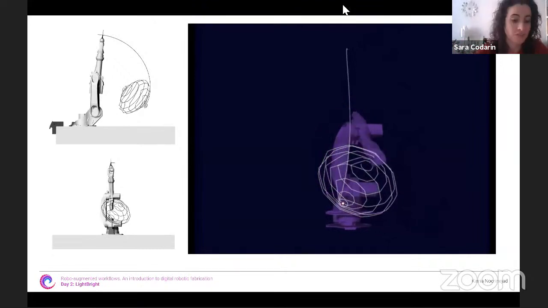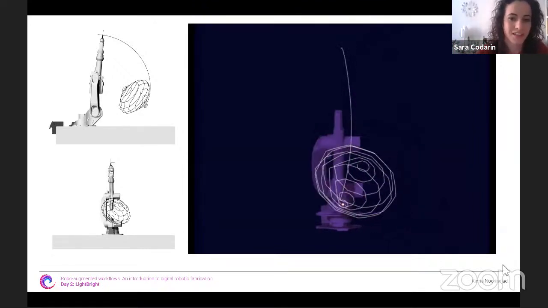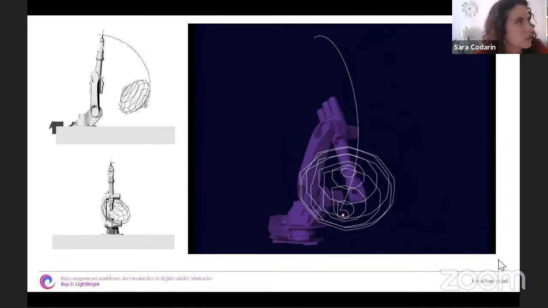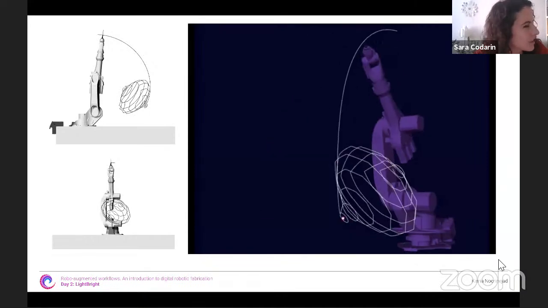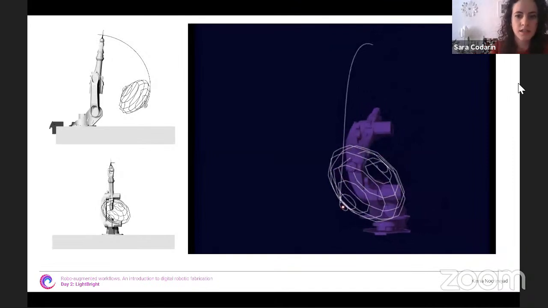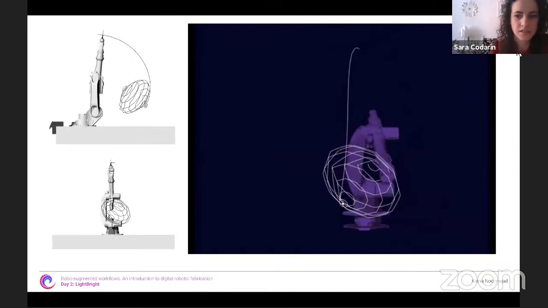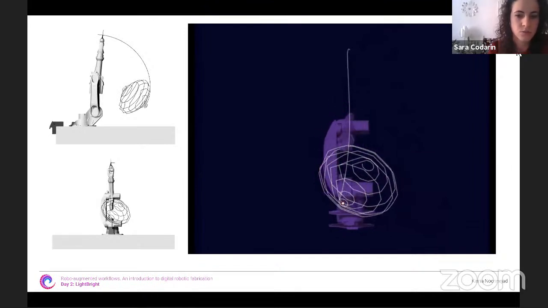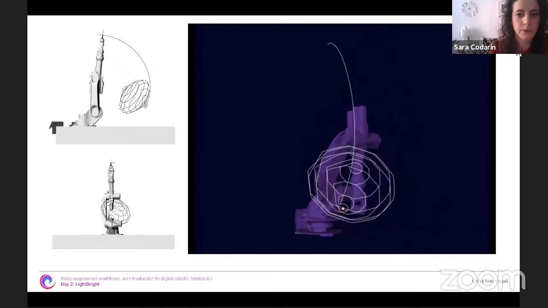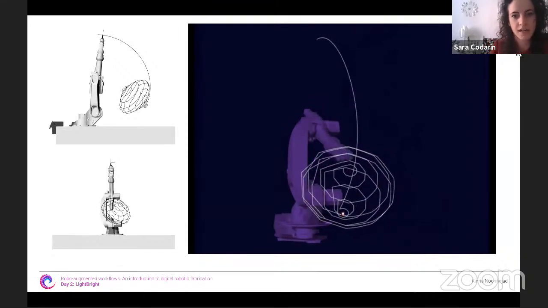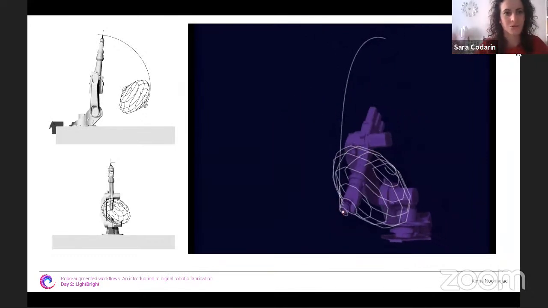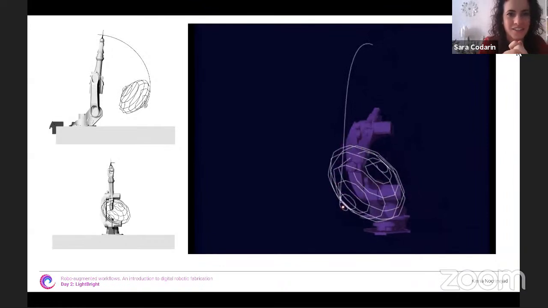I don't know if you guys are aware of this, but this made me think of some startups like Bot and Dolly, I think it's one of the names, that are deploying robotics to shoot movies in the entertainment industry, and I think that this combined with other technologies, VR and AR and projections, is just an interesting combination of these technologies coming together.